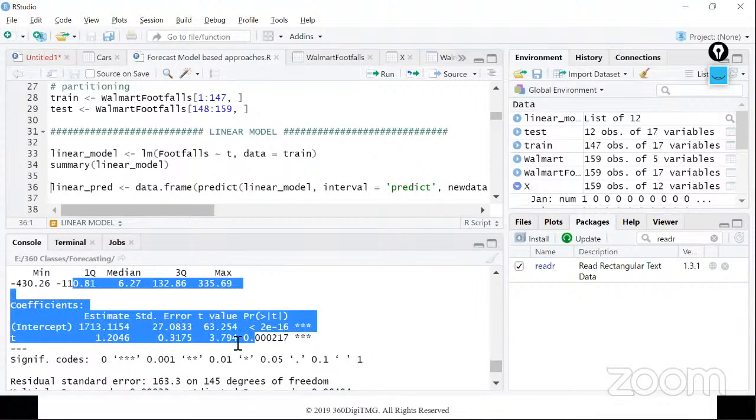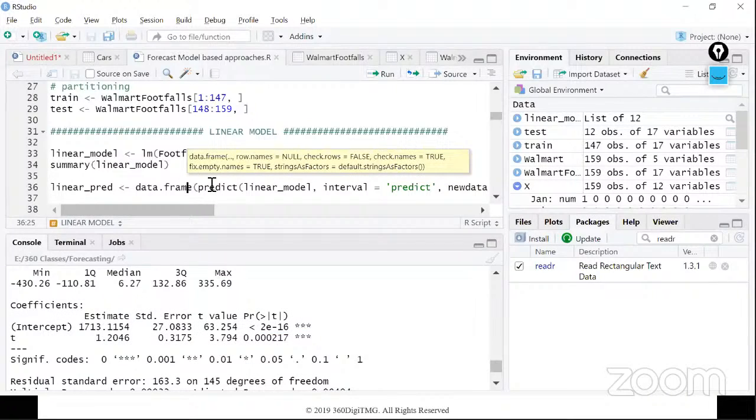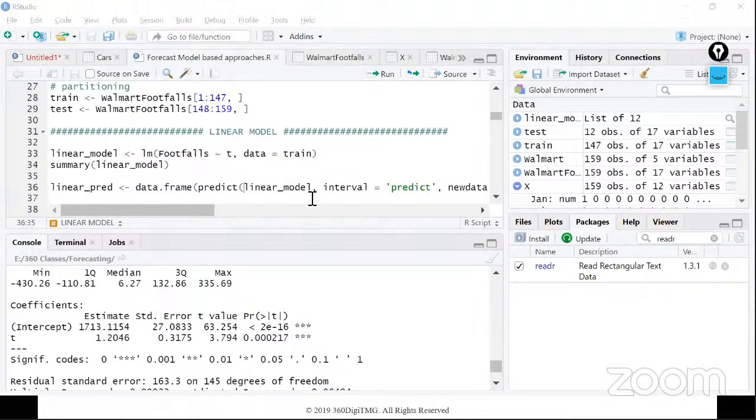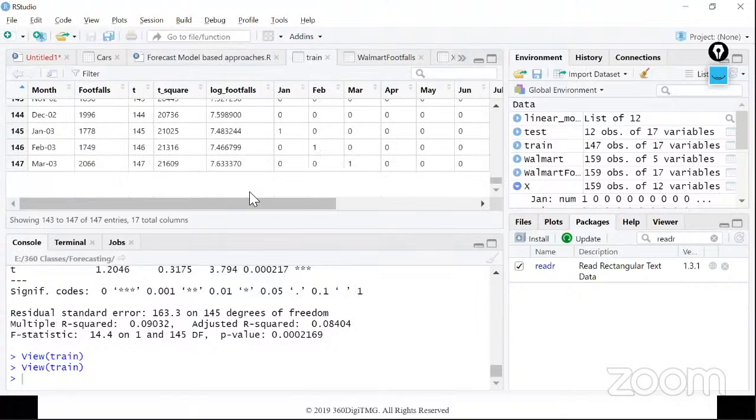Why? Because I'm not using linear regression within the values. My objective: what is my t value for this particular train data? My t value is 147. I am going to use this for t is equal to 148, 149, 150, 151.